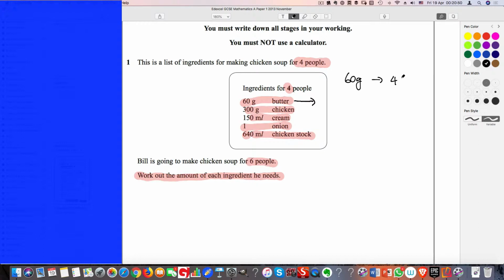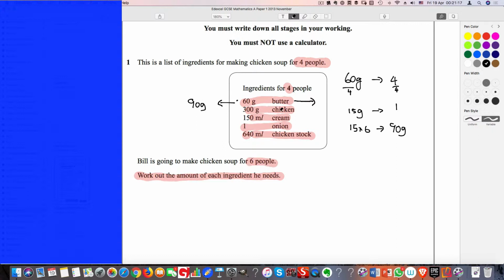If we divide this by 4, we get 1 person. We divide this by 4, we get 15 grams. So 15 grams is for 1 person. Then we take the 15 grams and multiply it by 6. So it's going to need 90 grams for 6 people. So for the butter, it's going to need 90 grams.